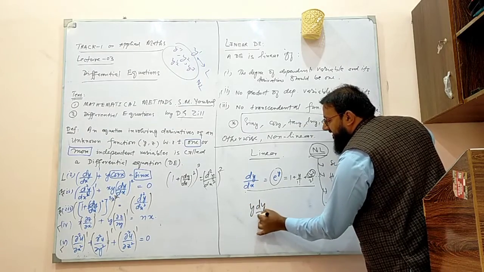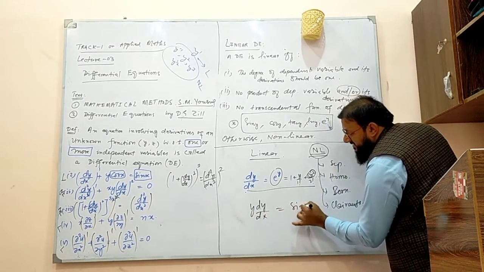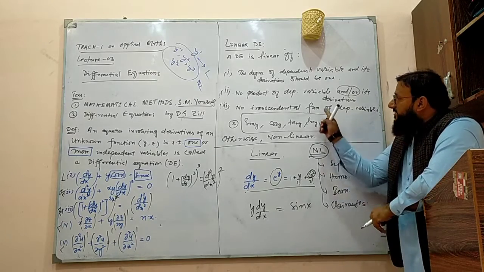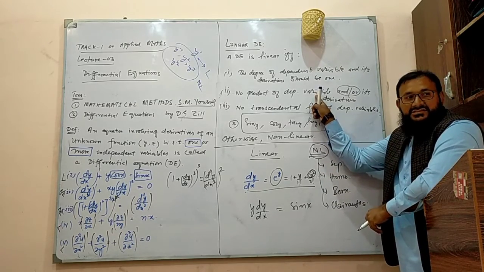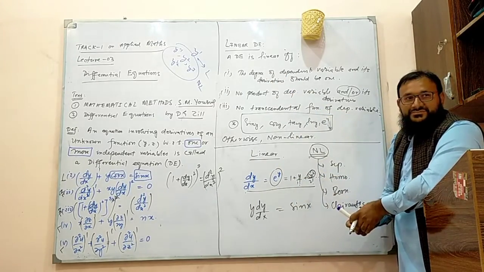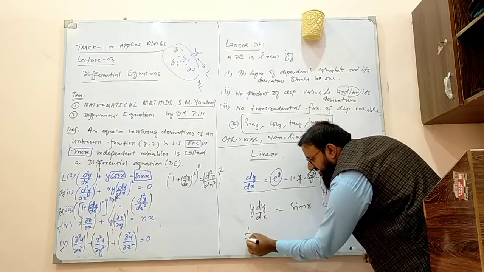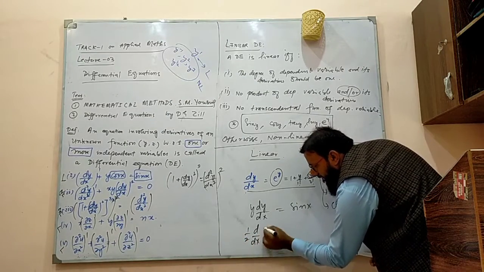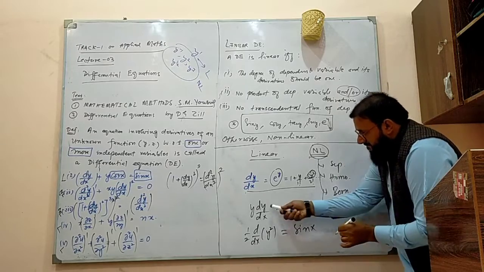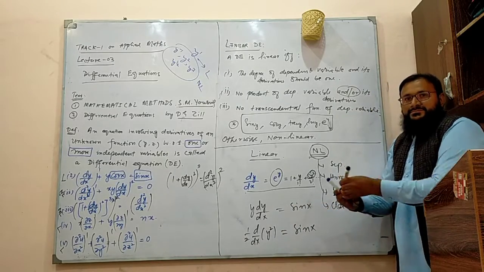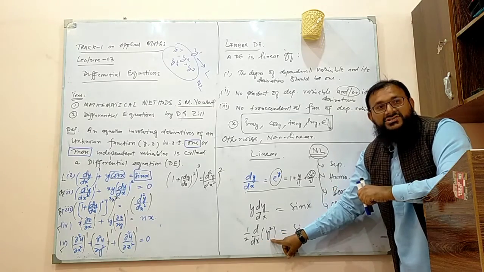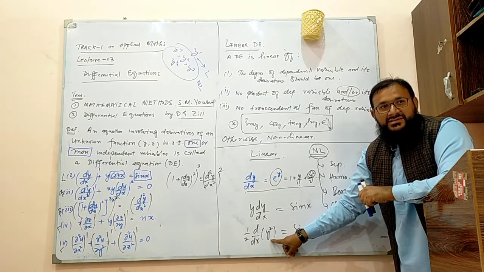Look at this: y dy by dx equals sin x. Linear or non-linear? Non-linear, according to the second condition. But you can reformulate this in terms of those. You can write this thing as this, because when you differentiate y square, it becomes 2y dy by dx.